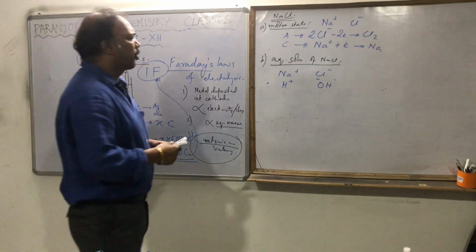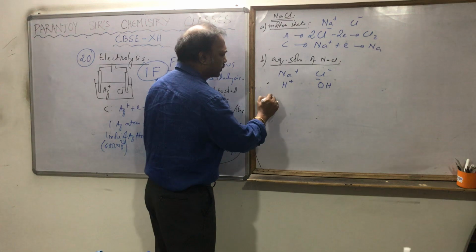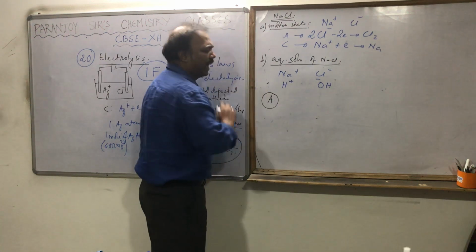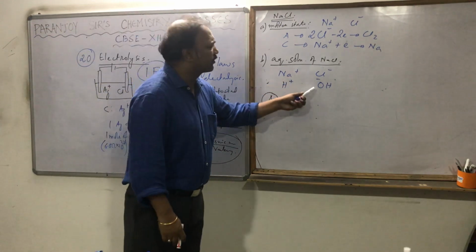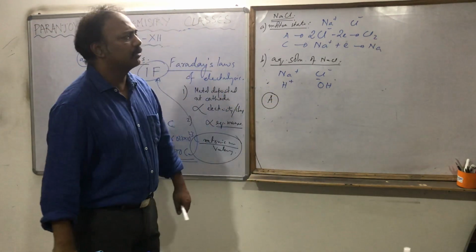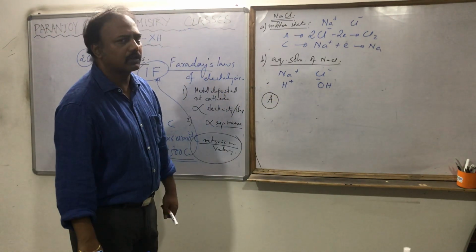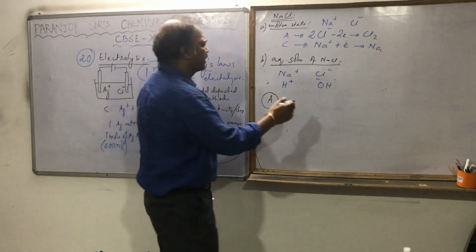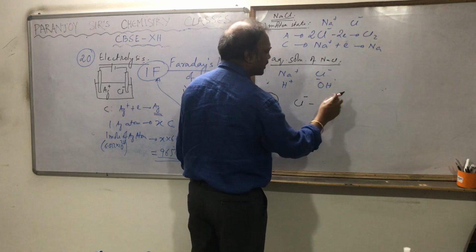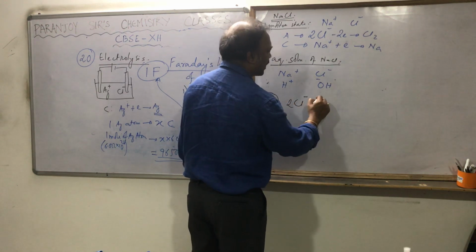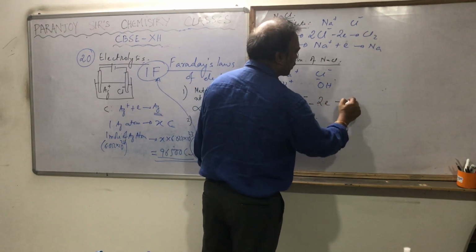Now the possible reactions at anode are oxidation reactions. Both of these can undergo oxidation, and we write it down like this. The first possibility is 2 Cl negative minus 2e is going to produce Cl2.